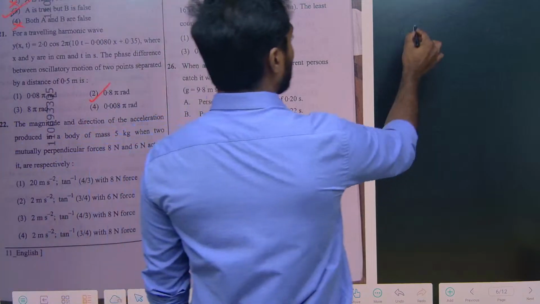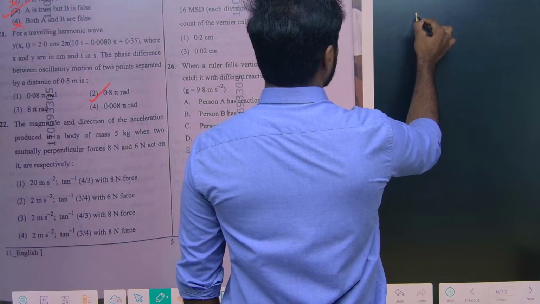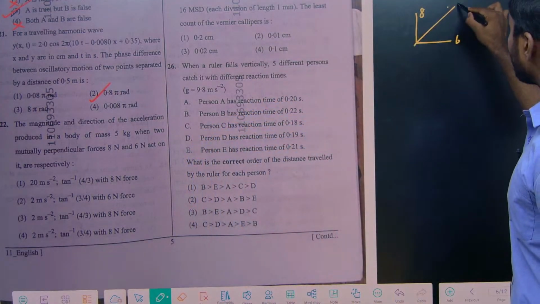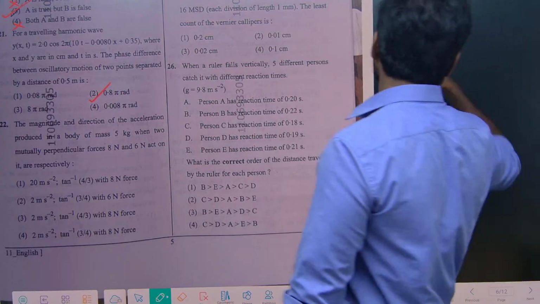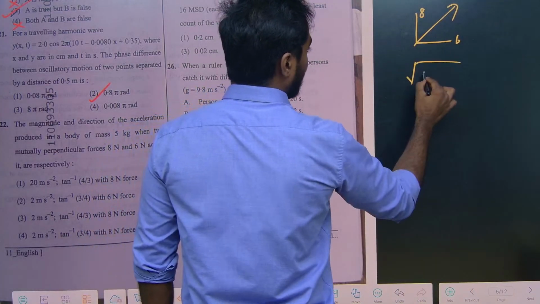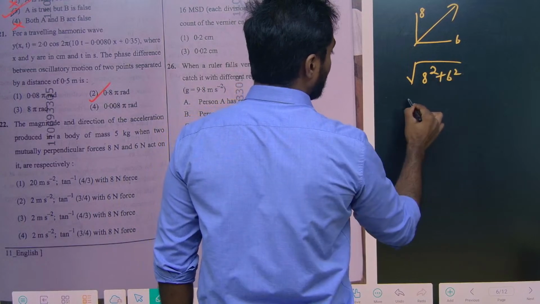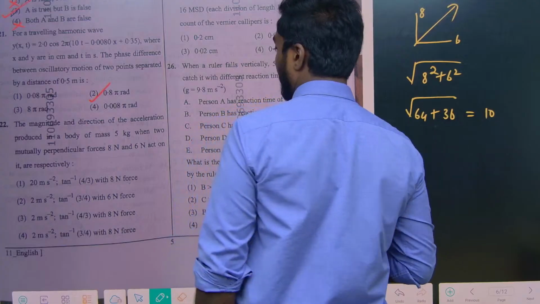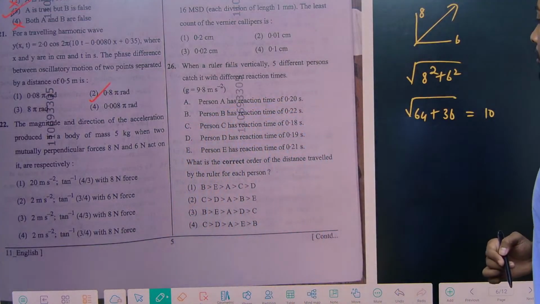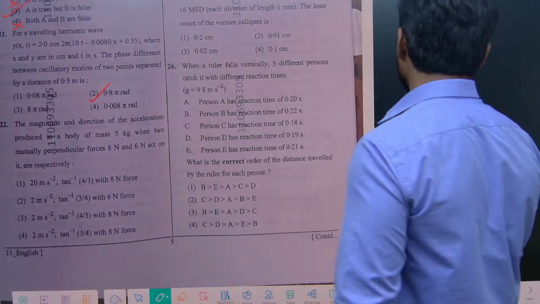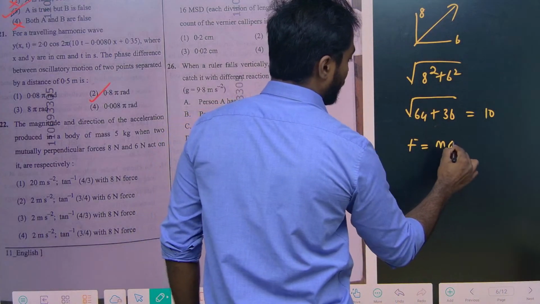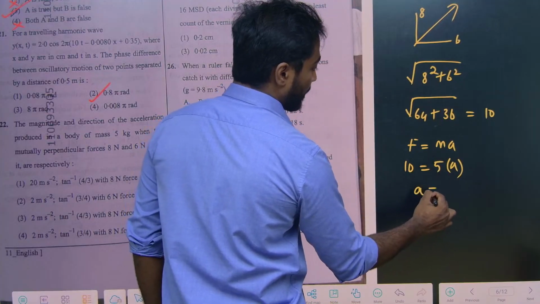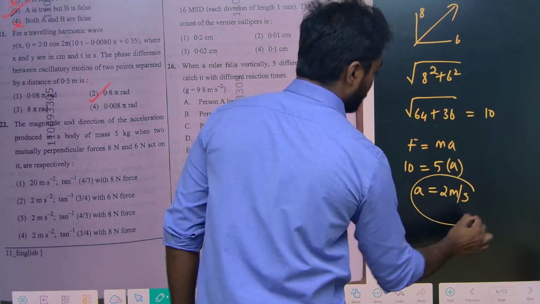One is acting like this, the other like this, so I need to take the resultant: root over 8 square plus 6 square, which is root over 64 plus 36, which is 10. Mass is 5 kg, F is equal to m into a, so a will be equal to 2 meter per second square.